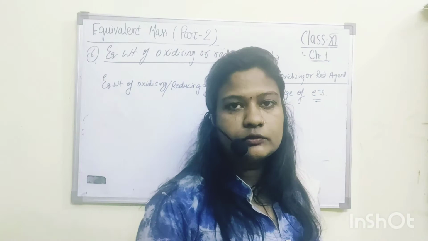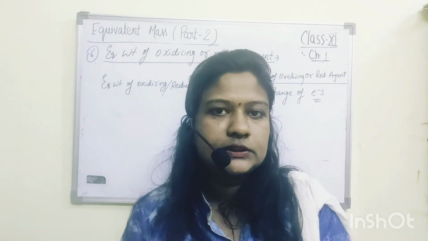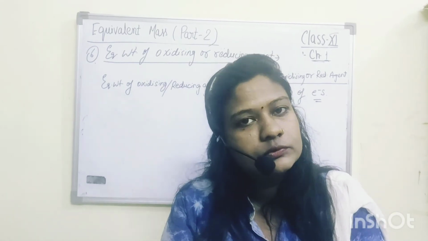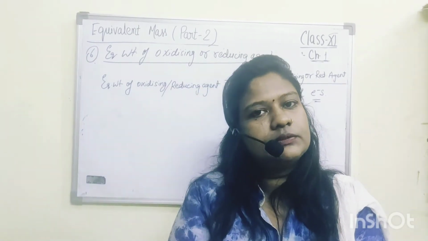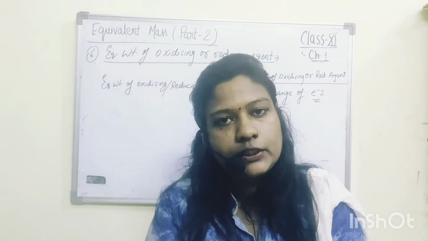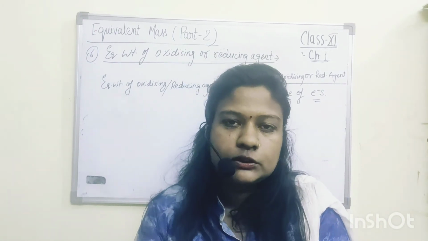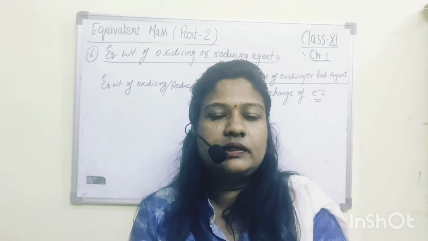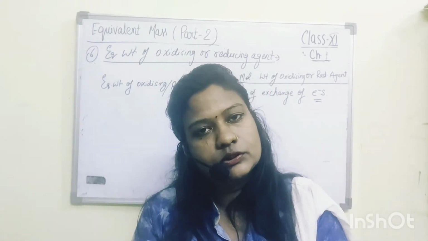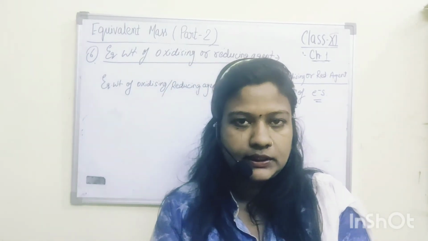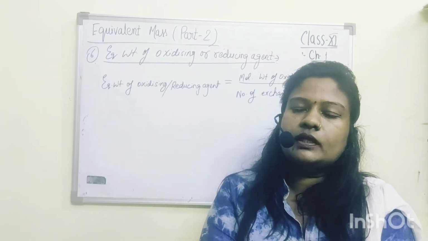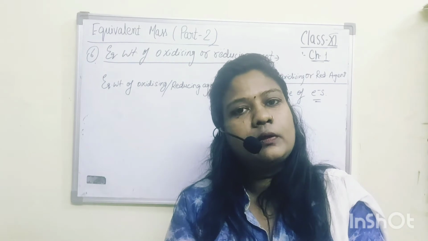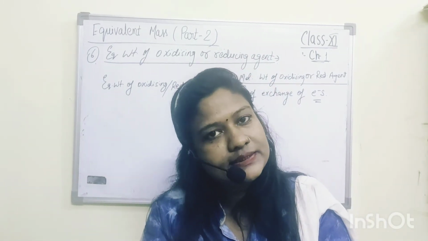If electrons are removed from any substance, then oxidation takes place, and if electrons are accepted by the substance, it is getting reduced. Correct? Acceptance of electrons is called reduction, and liberation of electrons is called oxidation. If a substance oxidizes itself, it is called an oxidizing substance.